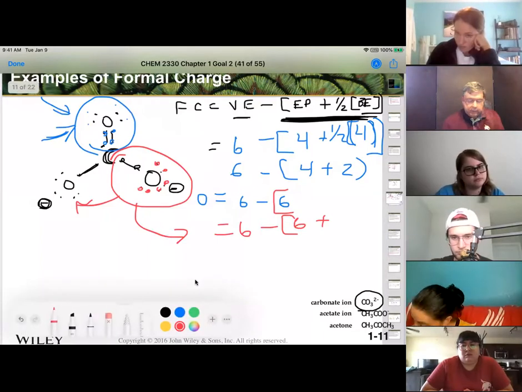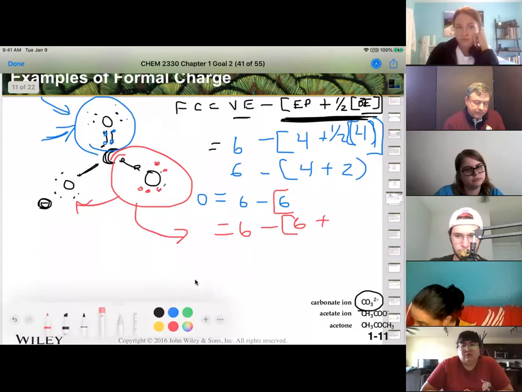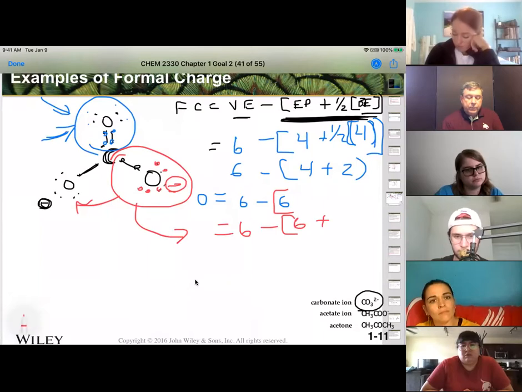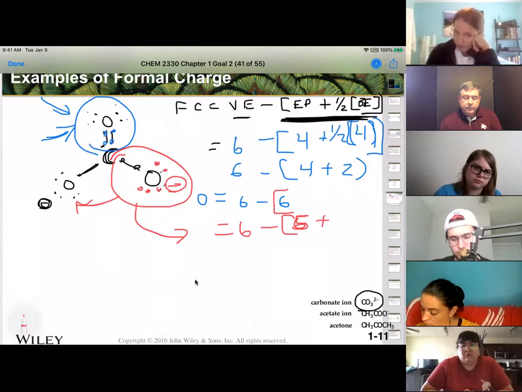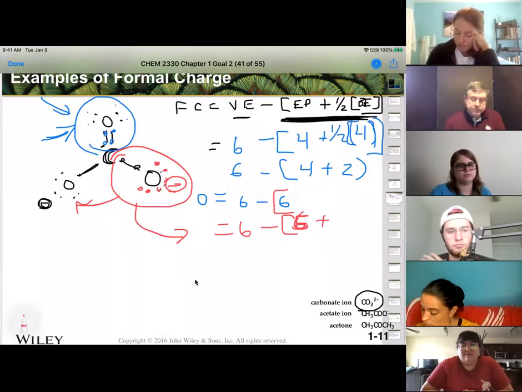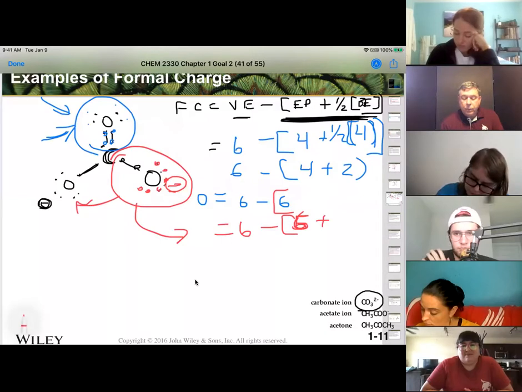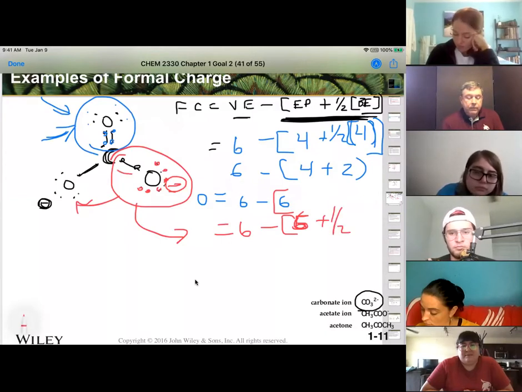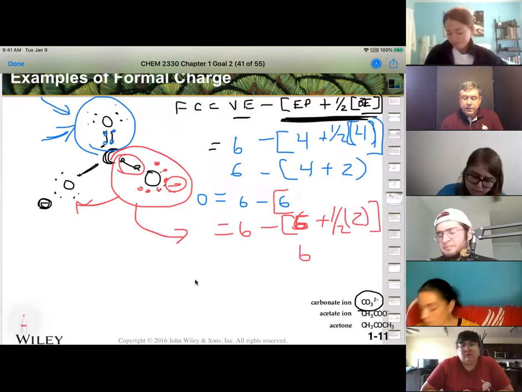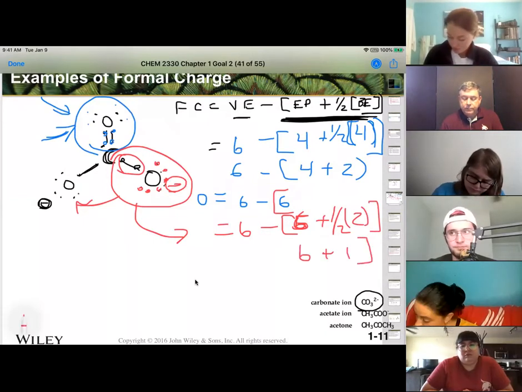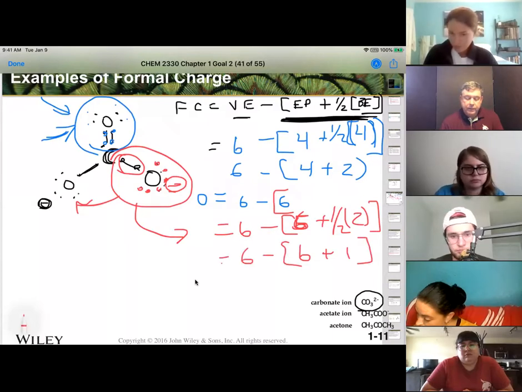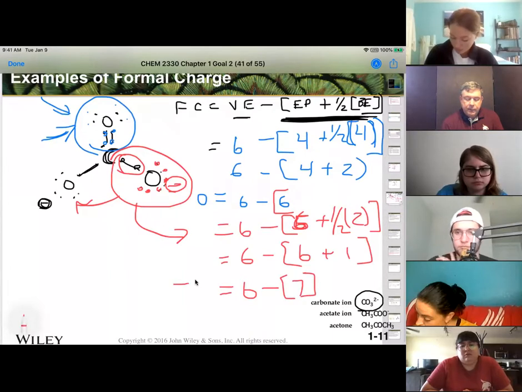I drew an extra electron there, but it only had 6, so I was right. So that gives us 6 plus 1 in the brackets, so we have 6 minus 7, which is equal to minus 1.